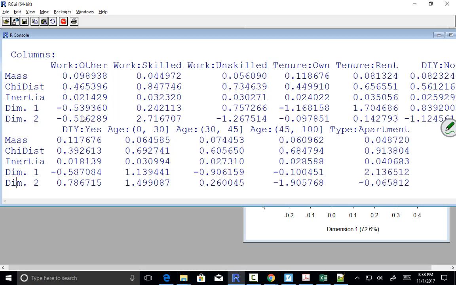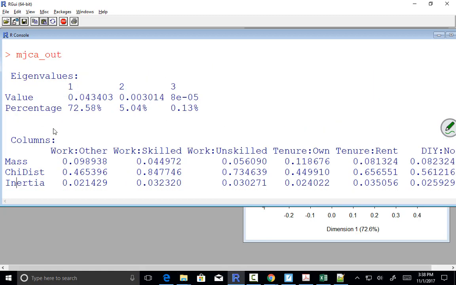And these numbers tell us about the relative contribution of each level of the categorical variables to the discovered new dimensions or new variables. So I'm not going to go through this in great detail, but I just want to highlight that correspondence analysis is like principal components in the sense that we have decomposed a particular matrix into eigenvalues and eigenvectors.